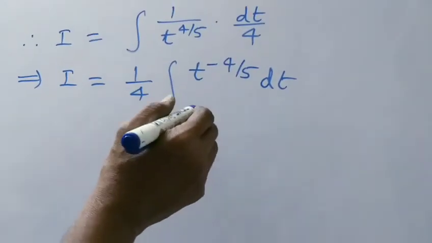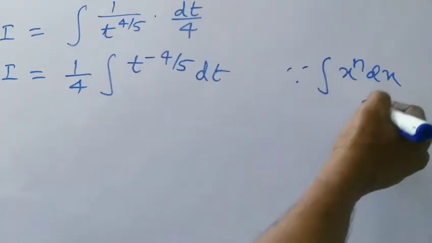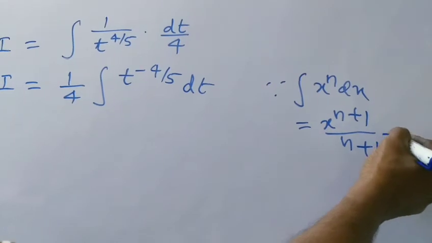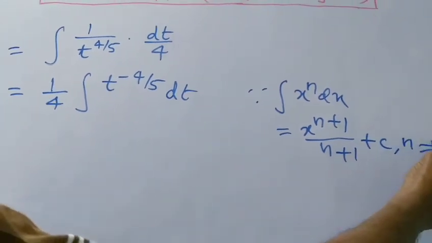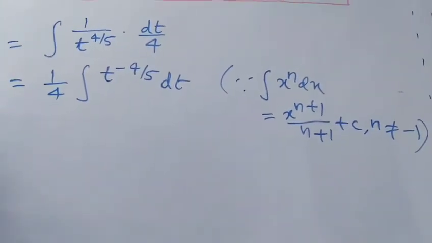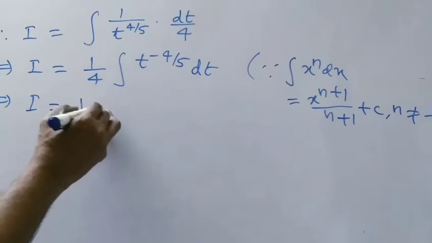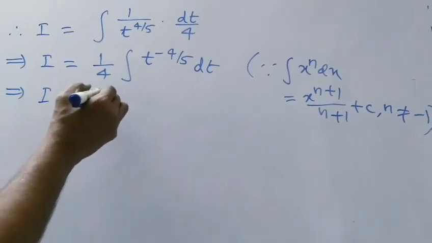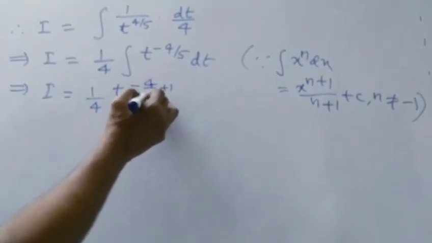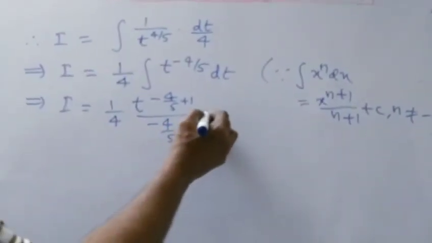Since the integral of x to the power of n dx is equal to x to the power of n plus 1 by n plus 1 plus c, where n is not equal to minus 1, I is equal to 1/4 into t to the power of minus 4/5 plus 1, divided by n plus 1, that is minus 4/5 plus 1, plus c.